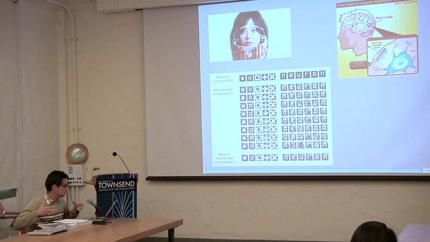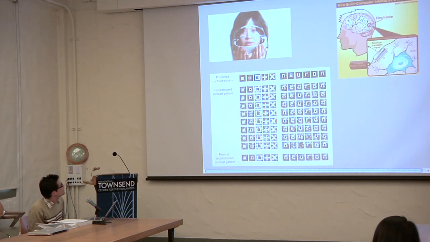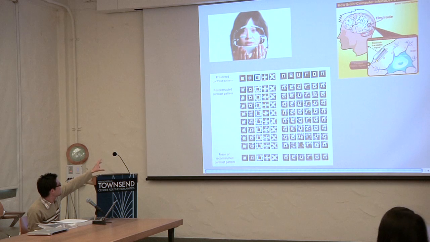For instance, to the left up here is this EEG brain-computer interface where you can manipulate a mouse across the screen. And then on the right is a different kind of approach where there are implants inside someone's brain.